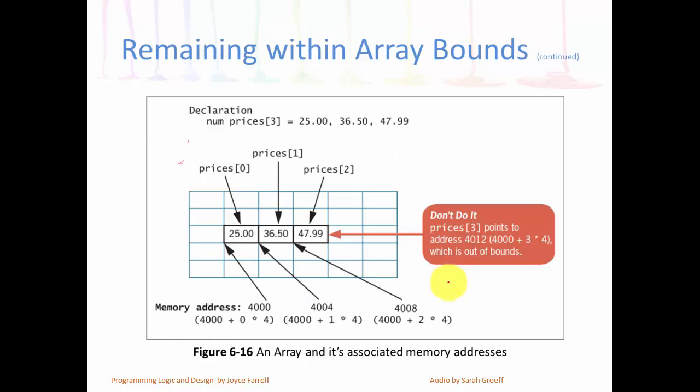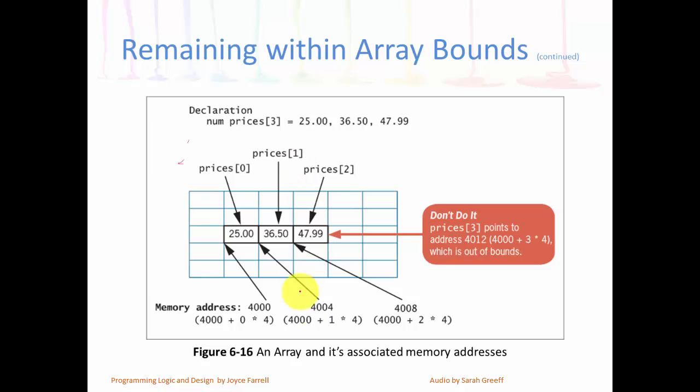So what's going to happen if the user enters a value that is too small or too large? If we have a look at this example, the user is going to enter a value that is too large. Let's see how memory addresses for our array work. At prices sub 0, we've got $25, and its memory address is 4 multiplied by 0, multiplication first, plus 4,000, which gives us a memory address of 4,000.